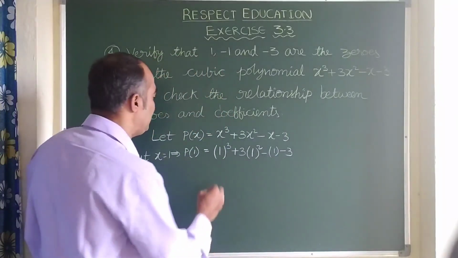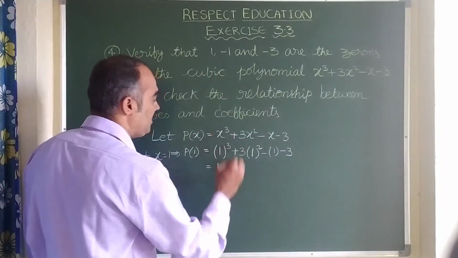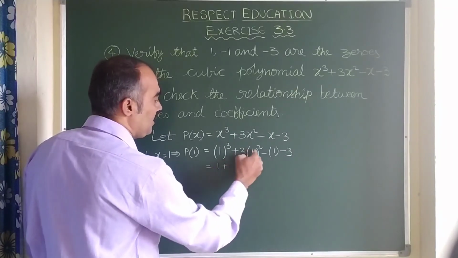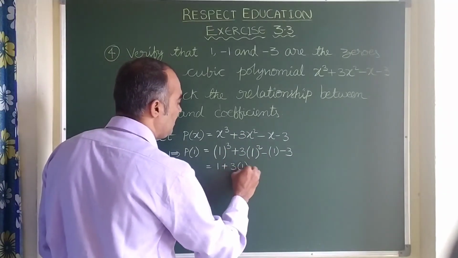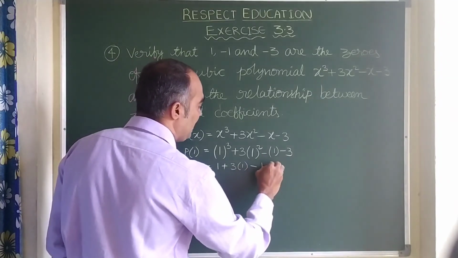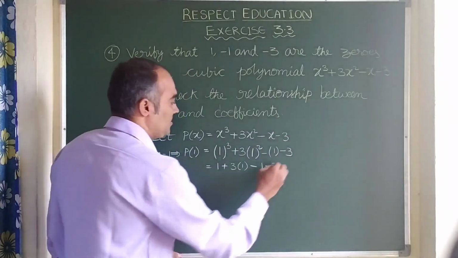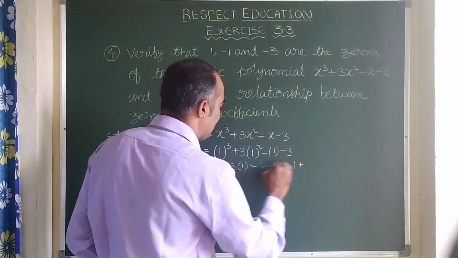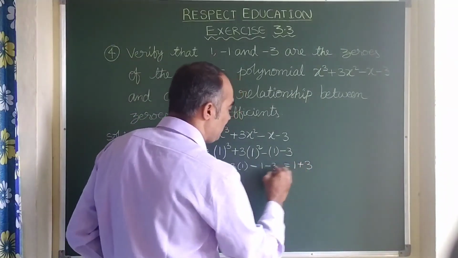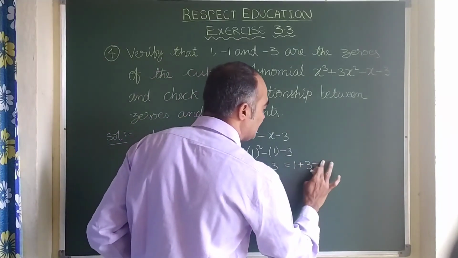Let us simplify this. 1 cube is 1, plus 3 into 1 square, that is 3 into 1, minus 1 minus 3.